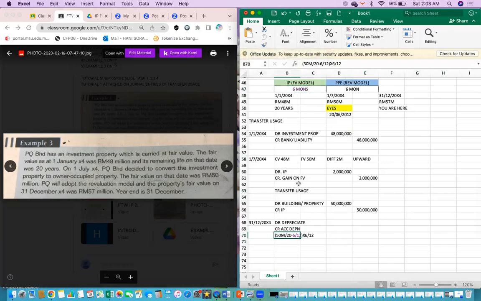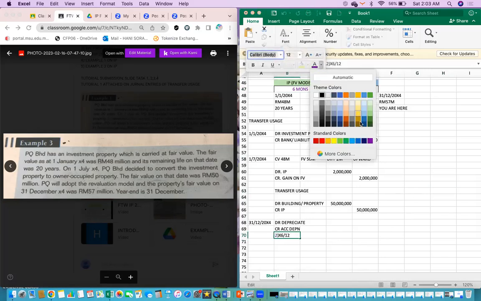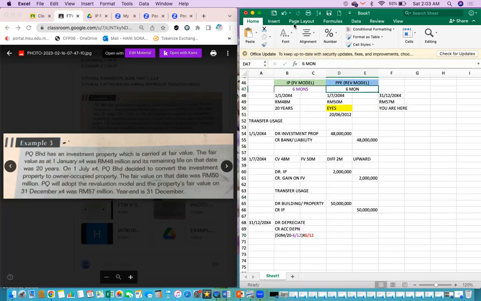However, the 6 over 12 here refers to the period between when it is being converted to PPE until the end of the year, which is the reporting date.